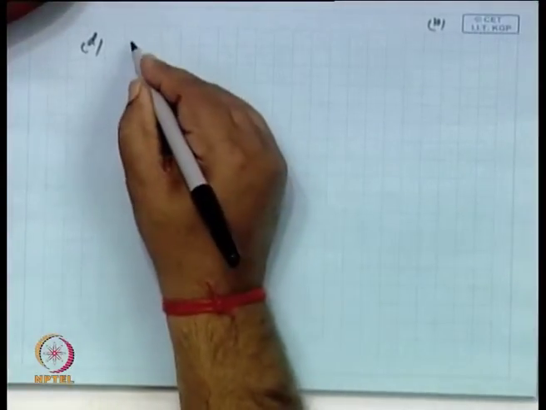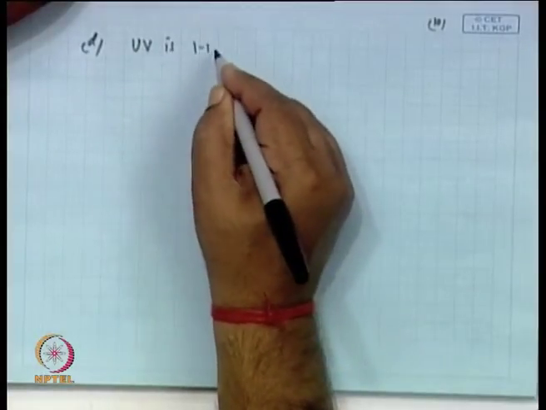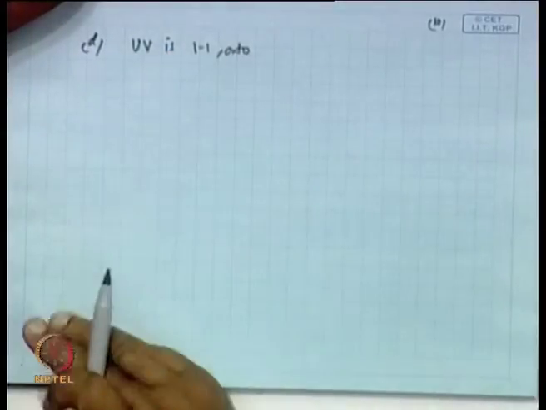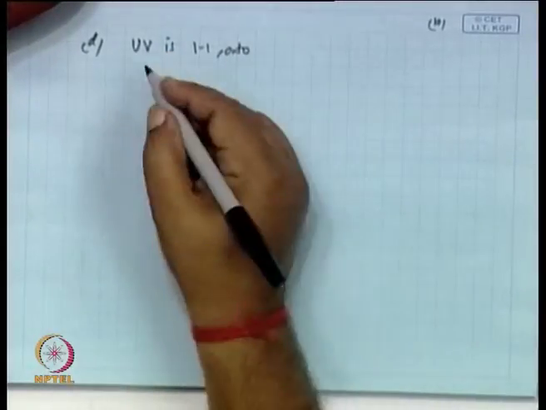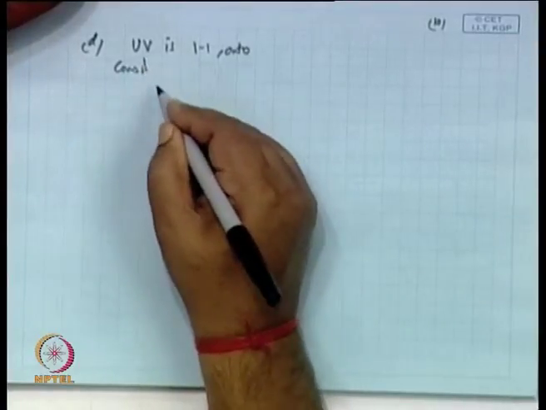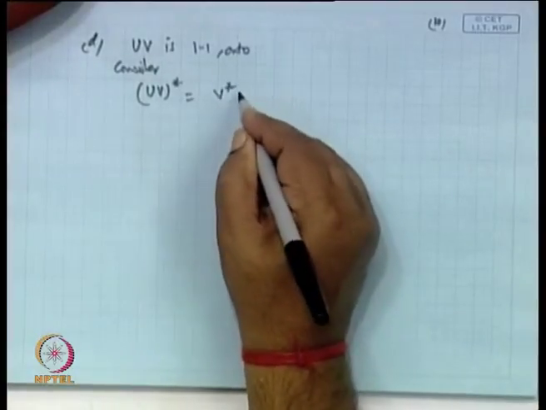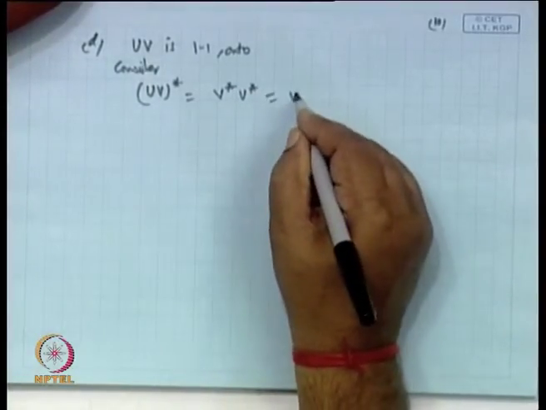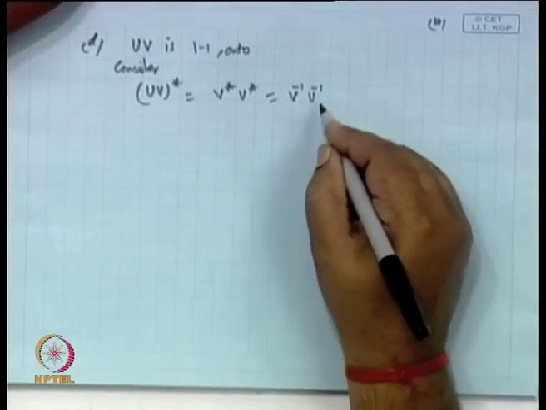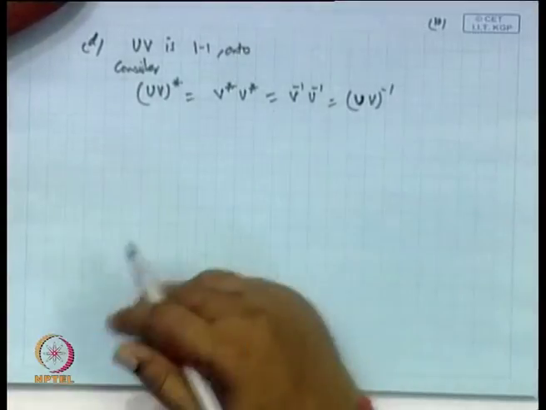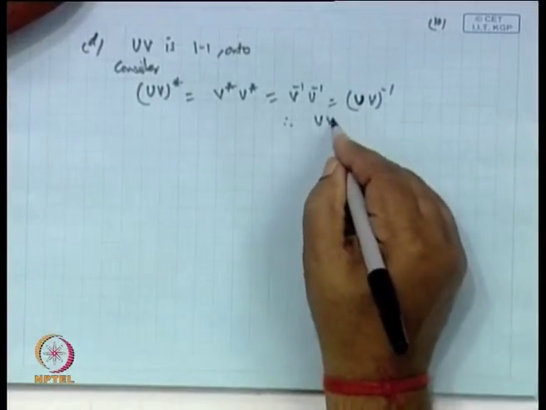Then next is UV is unitary. UV is one-one onto, because U is one-one onto and V is one-one onto, so the product will be one-one onto. Now consider UV star. This is by definition V star U star. V star is equal to V inverse, U star is equal to U inverse, but by definition this is UV inverse. So UV is unitary.